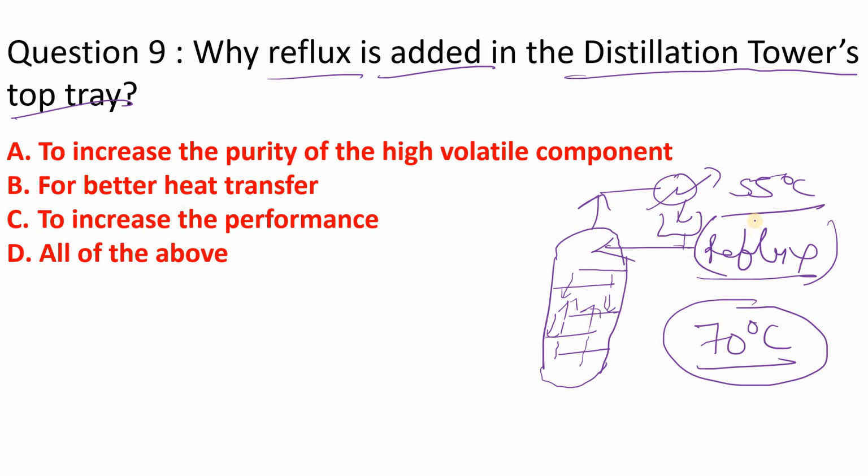So it will take less temperature, less energy to vaporize. Whatever liquid comes into intimate contact with that reflux solution, it will also boil soon. Got my point? So what will happen ultimately? The purity will increase.